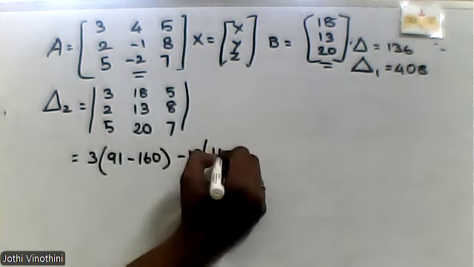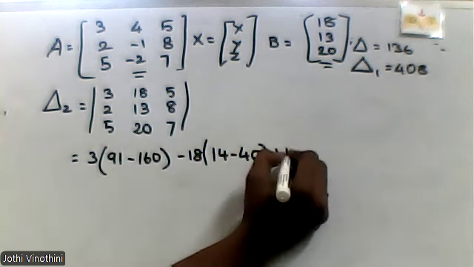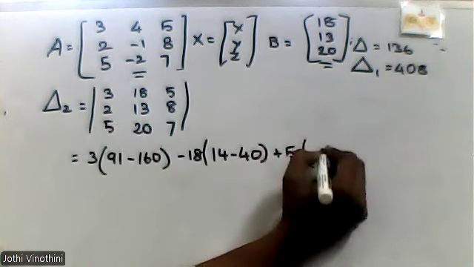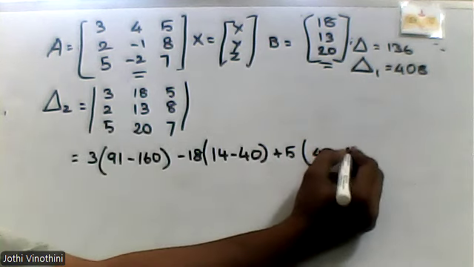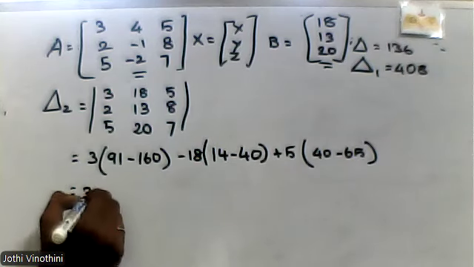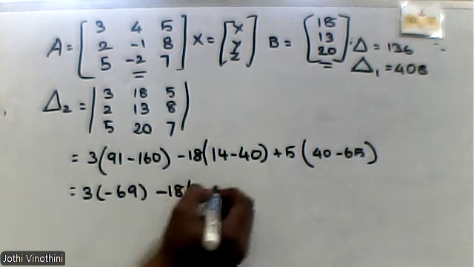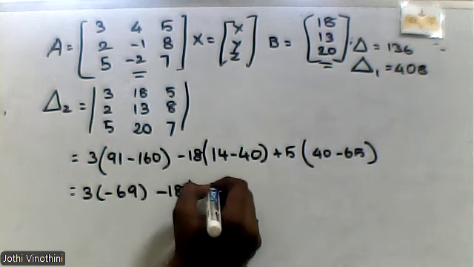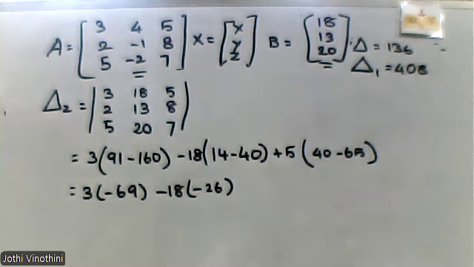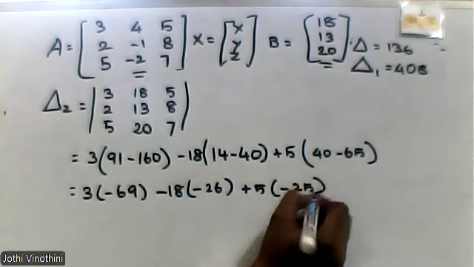So it becomes 14 minus 40 plus 5 multiplied by 40 minus 65. Clear? Clear. So what we will get? 3 multiplied by minus 69 minus 18 minus 26. Okay? And plus 5 and minus 25.